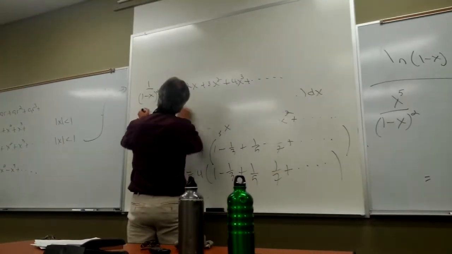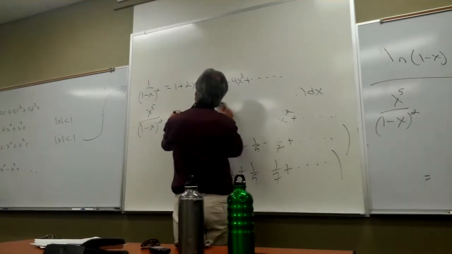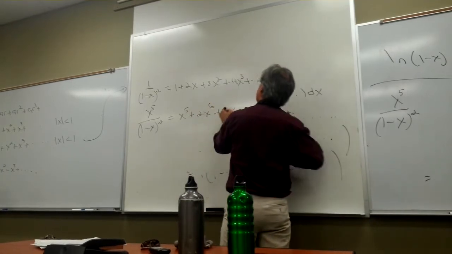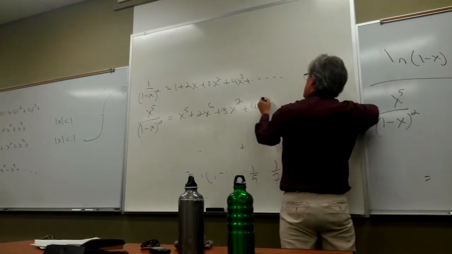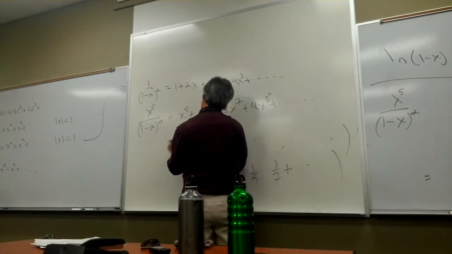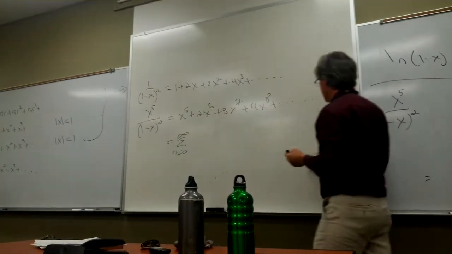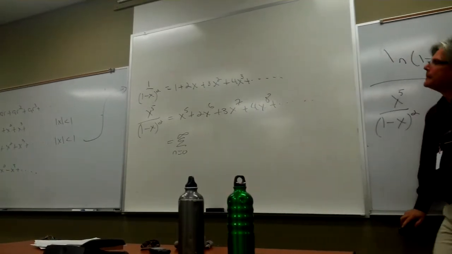I think x to the fifth over 1 minus x quantity squared can be interpreted as x to the fifth plus 2x to the 6 plus 3x to the 7 plus 4x to the 8. I don't like this. Can you guys fix it? Please? I know you can.